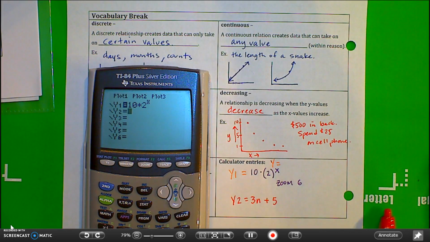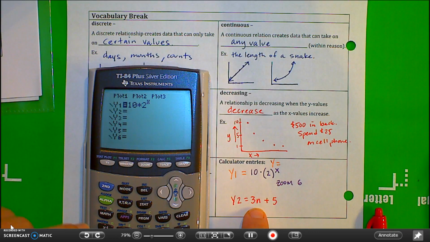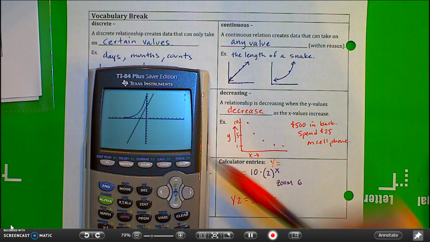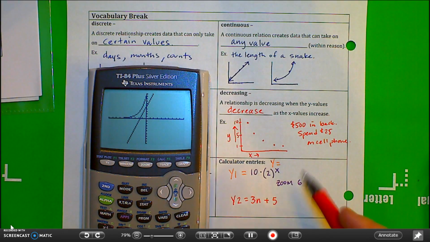Now, your calculator doesn't have n per se. It doesn't really care what variable you use. I'm just going to type in 3 and then x. If you look, it says x, t, theta, or n. It's going to display in x, though. 3x plus 5. And you can graph that. Now, I left that other graph on, so it's going to show both of these at the same time. There's linear.